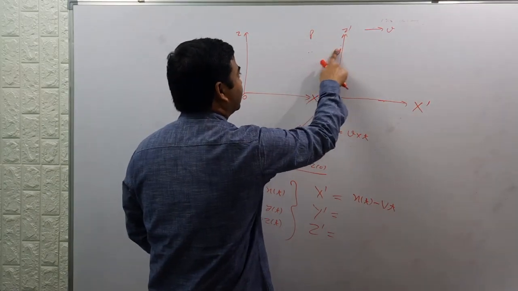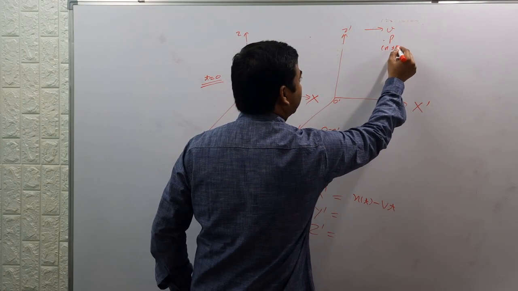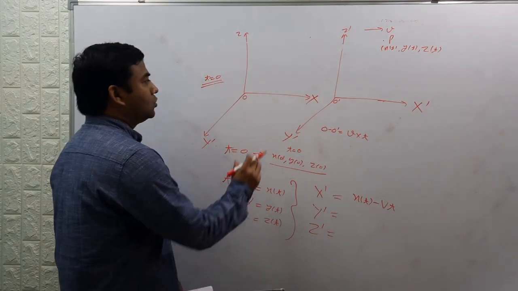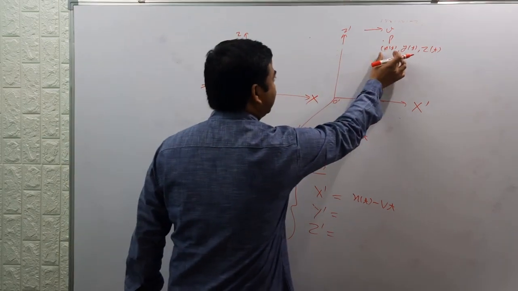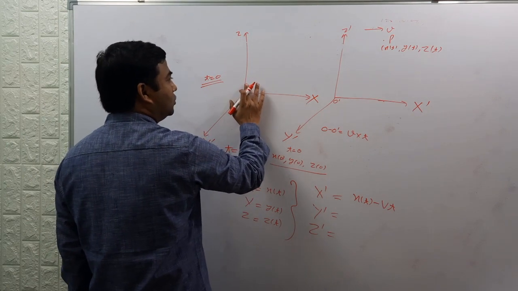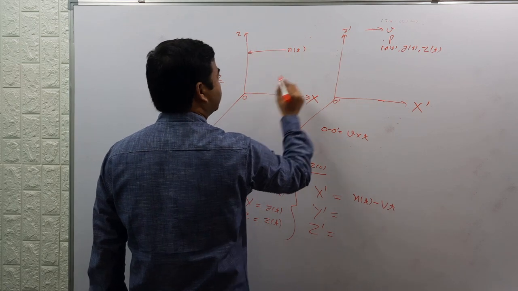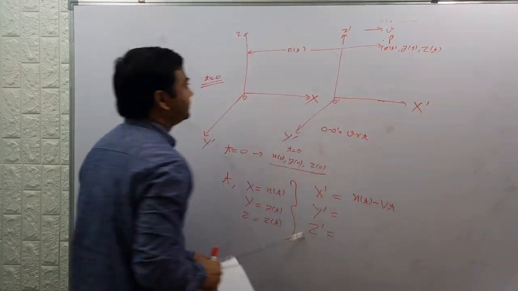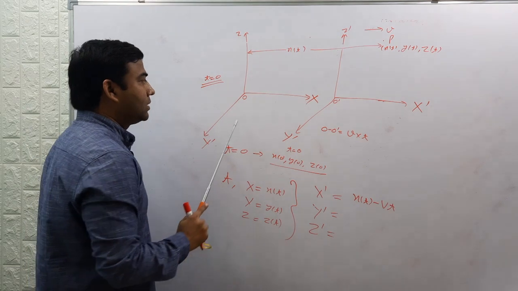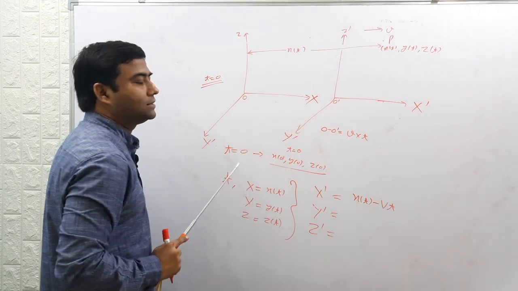So for understanding purposes, you just put this point here, P(x(t), y(t), z(t)). From here you can understand this x(t) is, after time t, the distance travelled by the point from 0 to here. This distance is x(t). Hence the x coordinate of this point related to this reference frame is x(t).